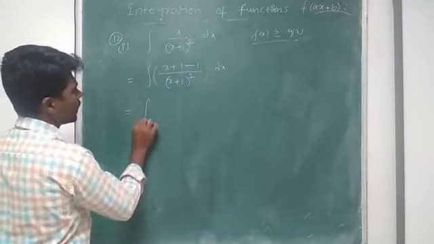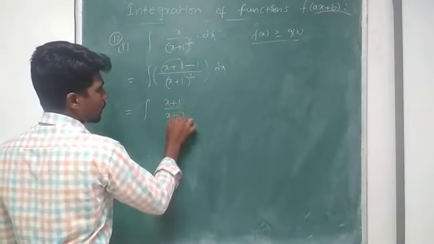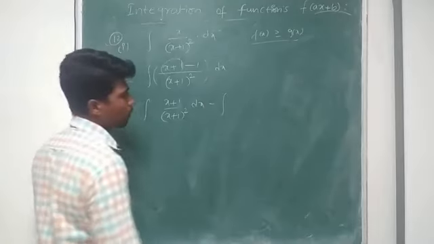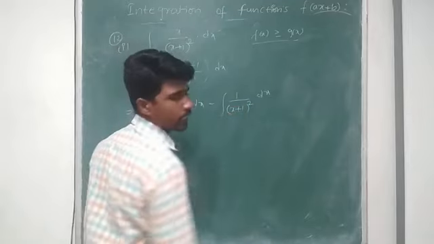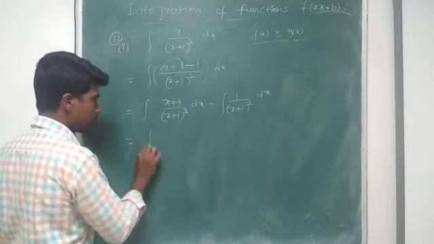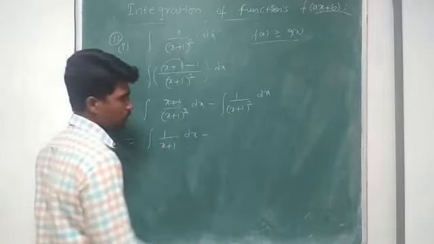Now integral of x plus 1 by x plus 1 the whole square dx minus integral 1 by x plus 1 square dx. See, x plus 1 and square will get cancelled. I get here 1 by x plus 1 dx minus integral.